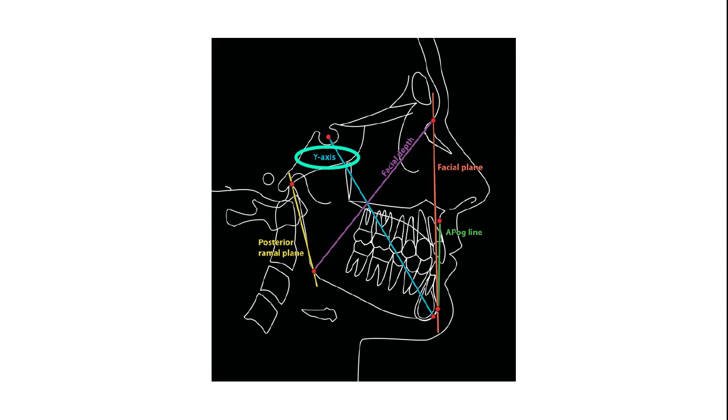This line is defined as a line joining sella and gnathion. Facial depth line. It is defined as the line joining Nasion and gonion. Posterior ramus plane. This plane is a tangent to the posterior border of the mandibular ramus.